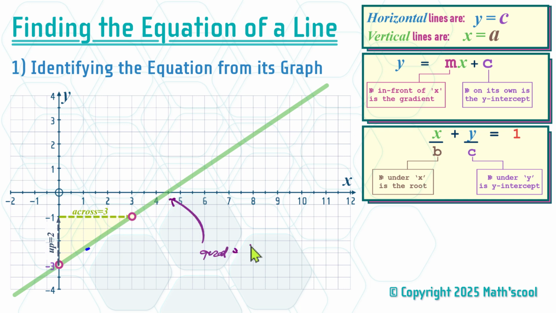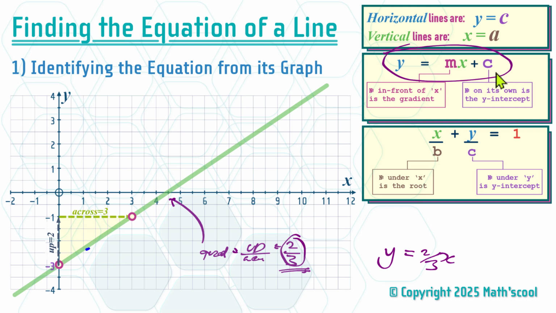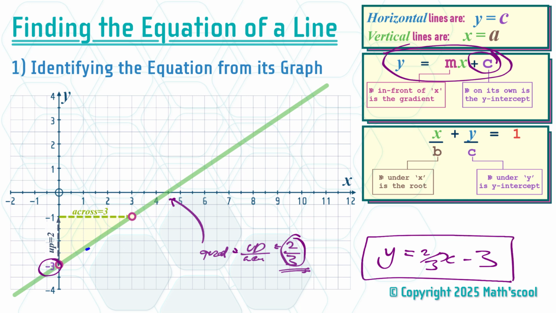The gradient is going to be up over across, which is 2 over 3. So the equation of this line is y equals mx plus c, where m is the gradient 2/3, and c is the y-intercept, which is minus 3. So that's y equals 2/3 x minus 3.